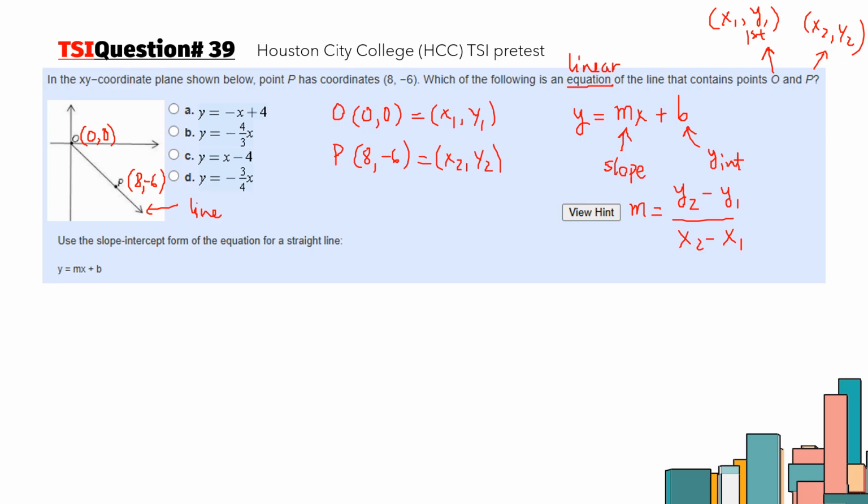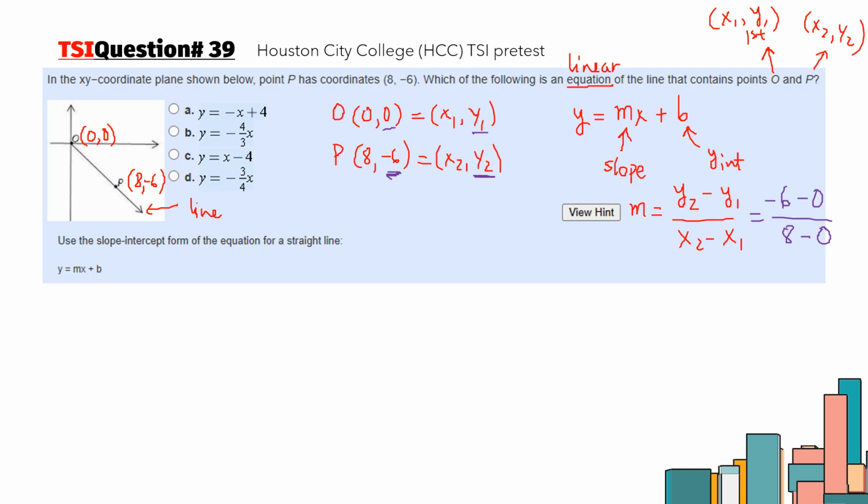Now I plug in and find my m. My y2 is -6, subtract y1, which is 0, over my x2, which is 8, minus my x1, which is 0.